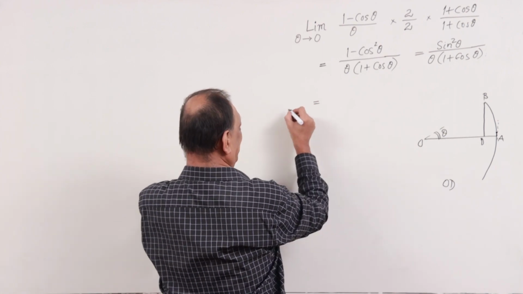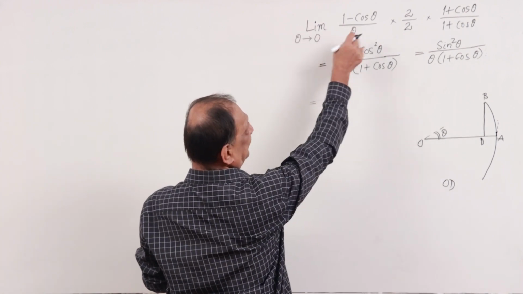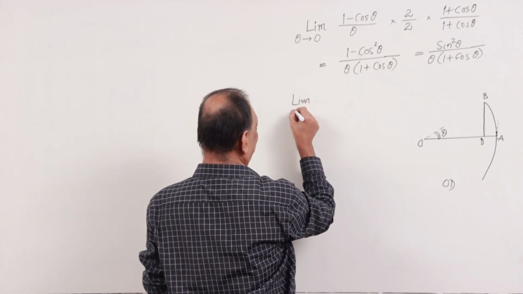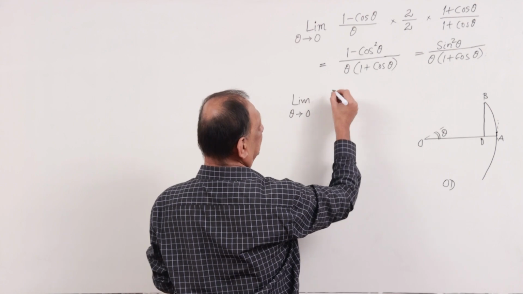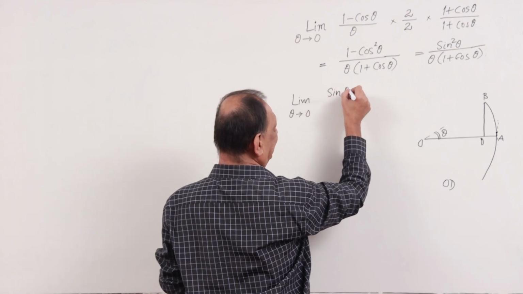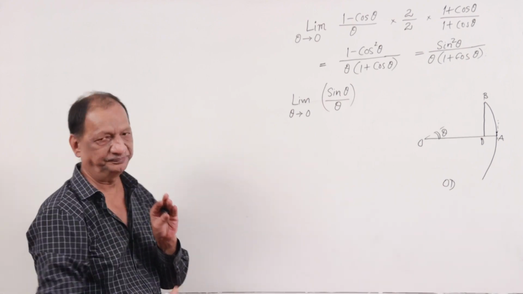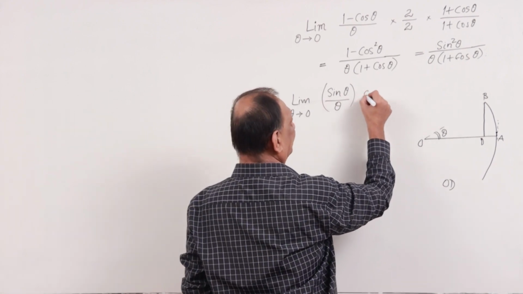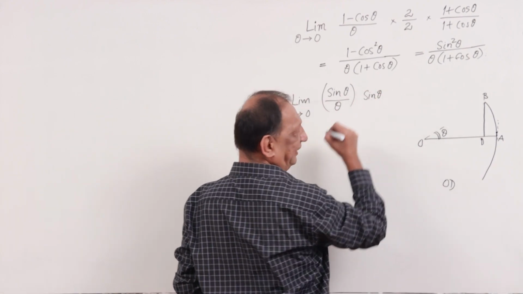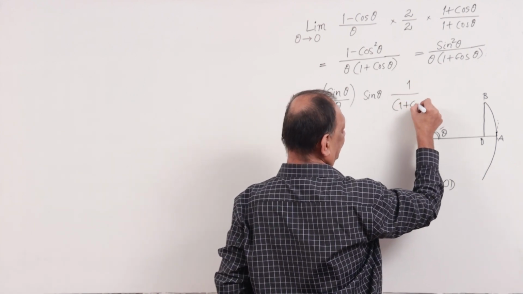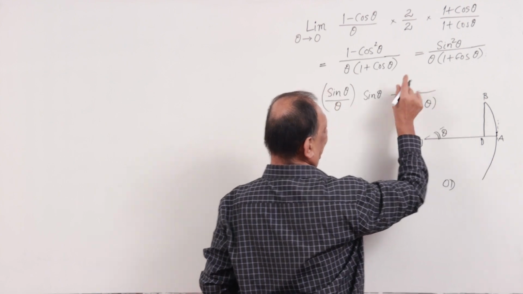The limit is there in each of these expressions, I didn't write it. So the limit as theta goes to 0 of sin theta by theta is 1 factor. I'll write that separately. One more sin theta is there, we'll leave it there. And we have 1 over 1 plus cos theta. So I have written 3 terms here, correct?